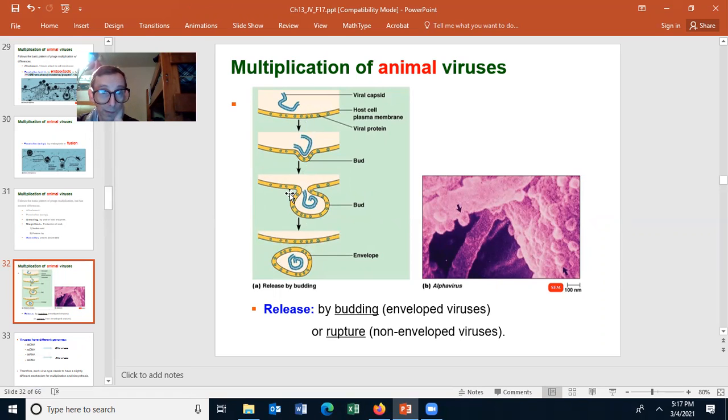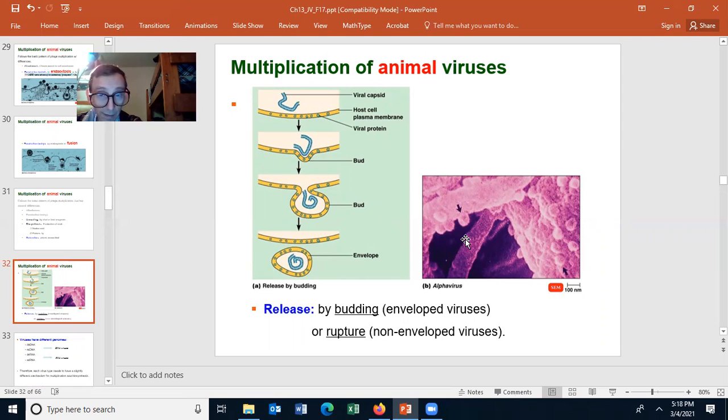So this right here rips off, and this part of the cell membrane joins with that part of the cell membrane, and the membrane reforms. And then a piece of the membrane is taken by the virus, and that becomes the envelope of the virus. And that is the budding life cycle for animal viruses.